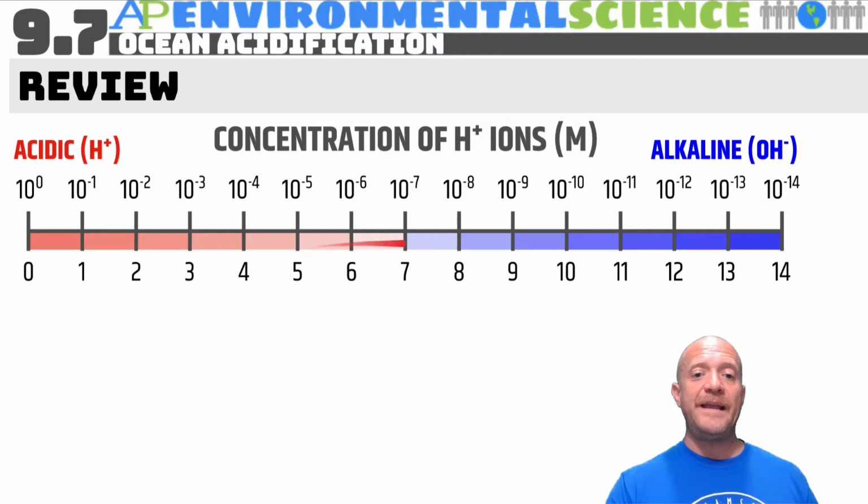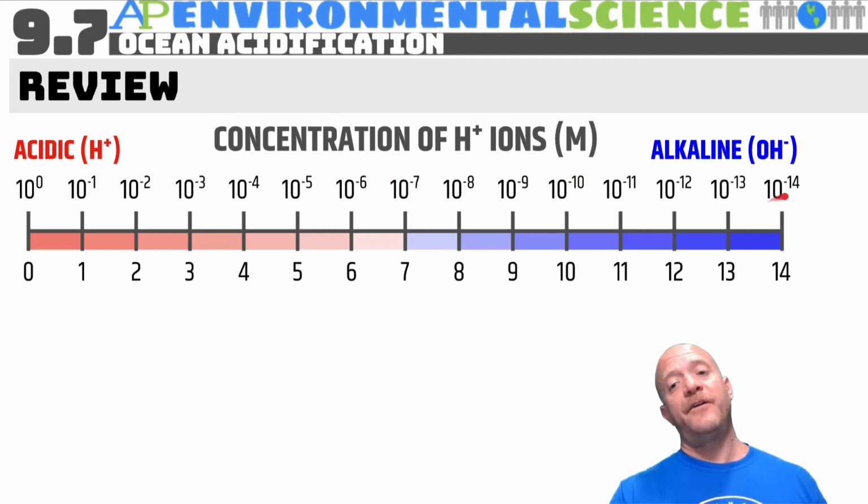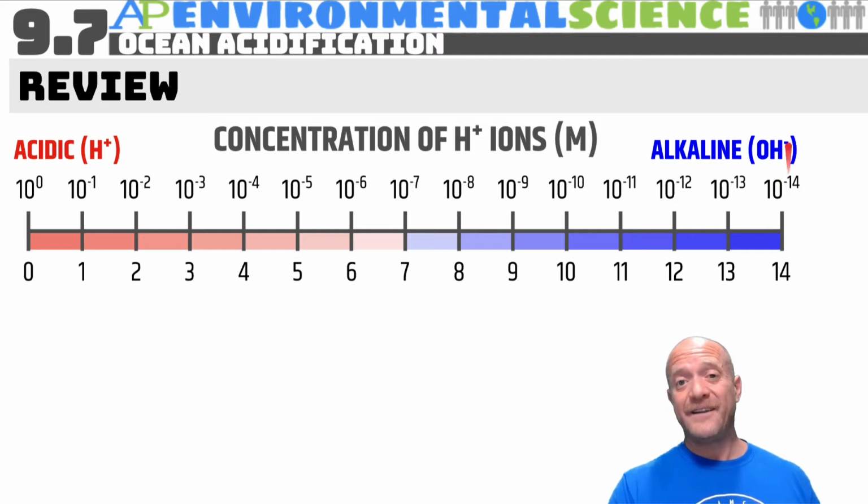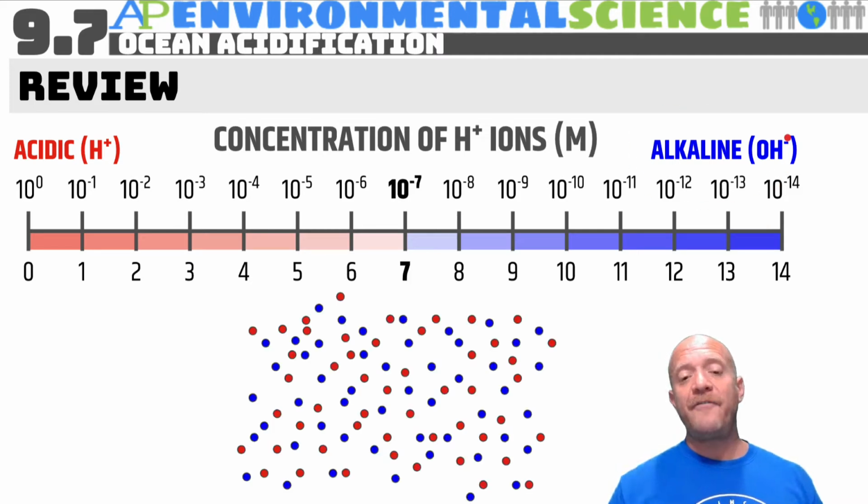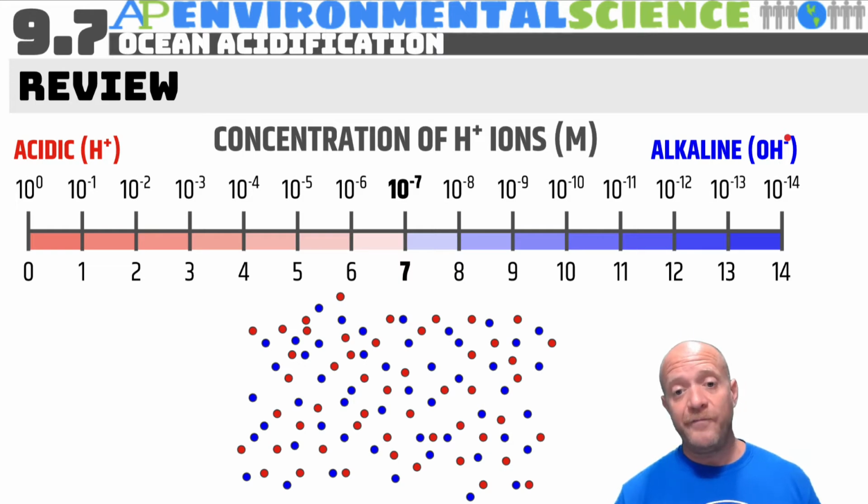So as you increase the amount of H plus, the solution is more acidic, and as you decrease the amount of H plus, the solution is more alkaline or basic. And when you have a pH of 7, the amount of H plus and OH minus is basically equal.